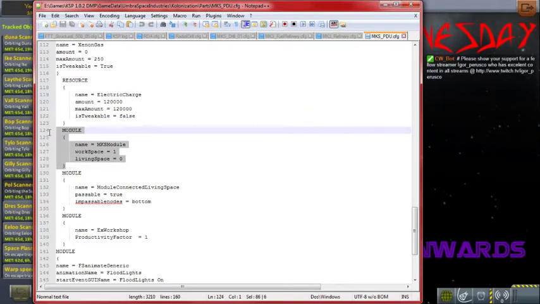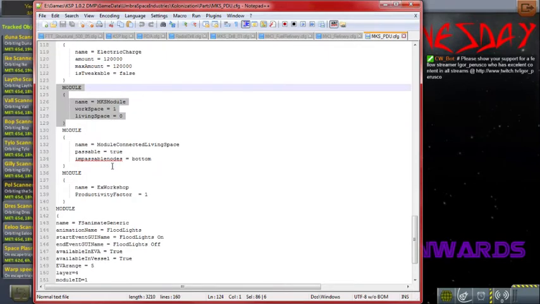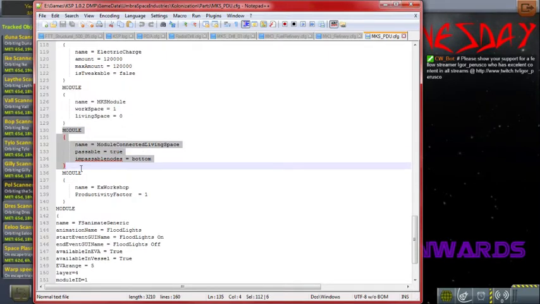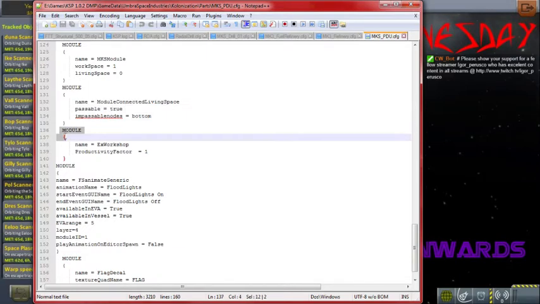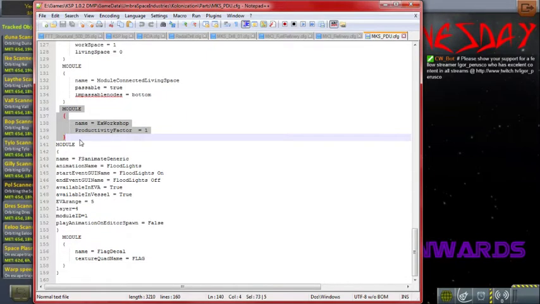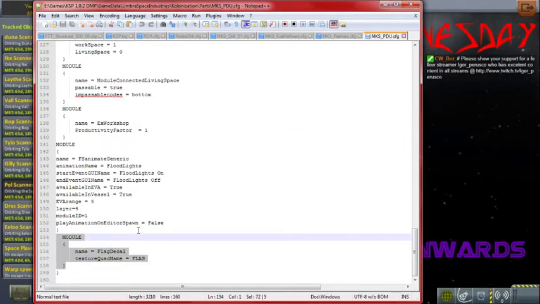If you're using MKS modules, that's for workspace and living space within the unit to increase its efficiency. Connected living space, workshop. It has animations on it for the floodlights, and it's got the module for the flag.